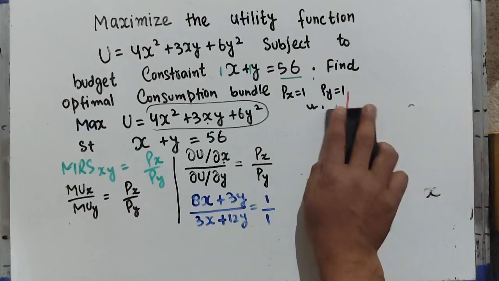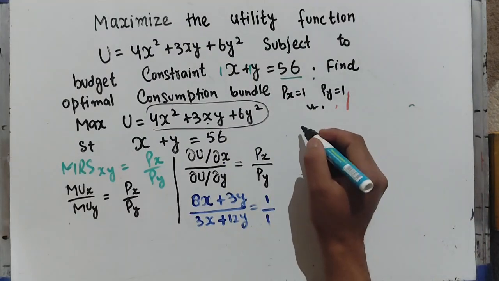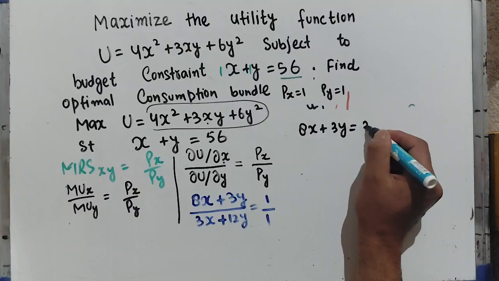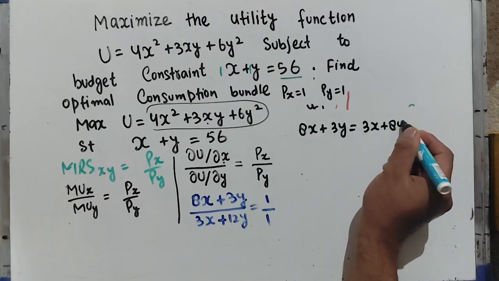Which implies 8x plus 3y is equal to 3x plus 8y.